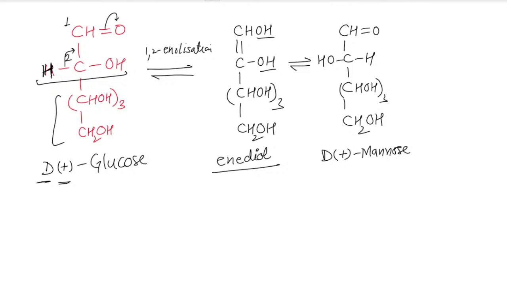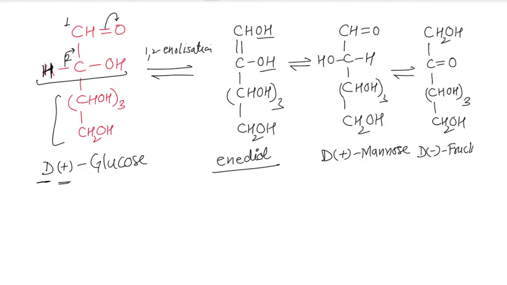So D plus glucose as well as D plus mannose, both are reducing sugars, that is clear, but this is in equilibrium with CH2OH, C double bond O, CHOH, D negative fructose.